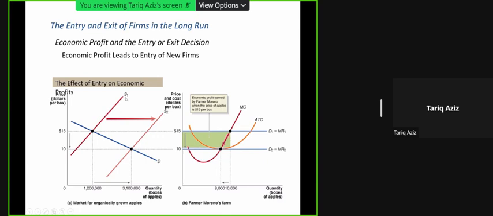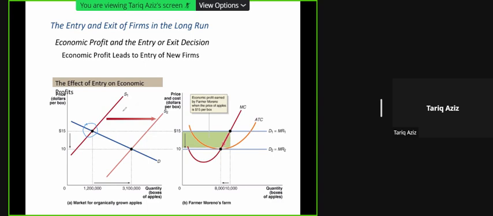S1 is the supply curve in the beginning. So when this S1 interacts with D, that is the demand curve, the equilibrium is fixed at $15 price. So the price at the equilibrium level is $15. So this was the equilibrium initially.